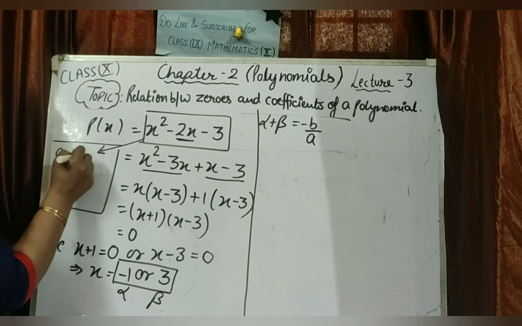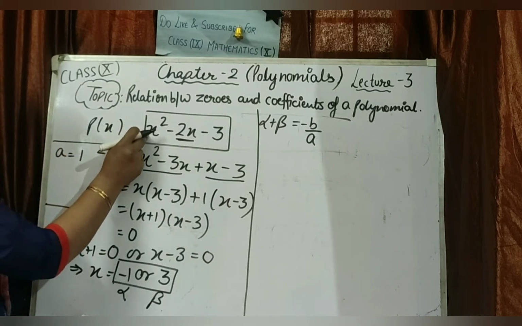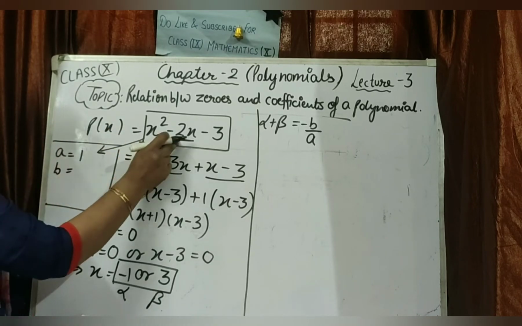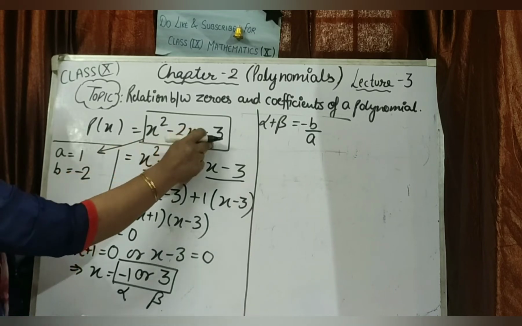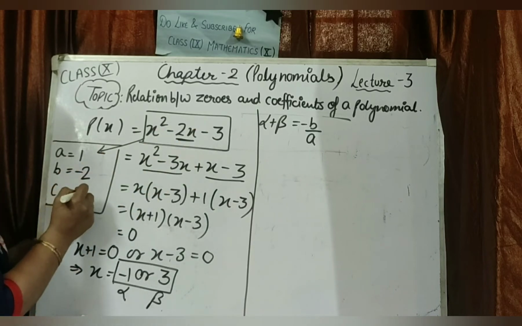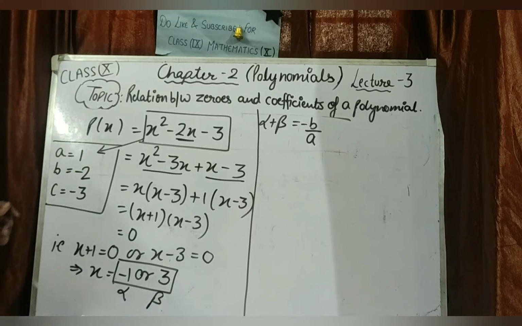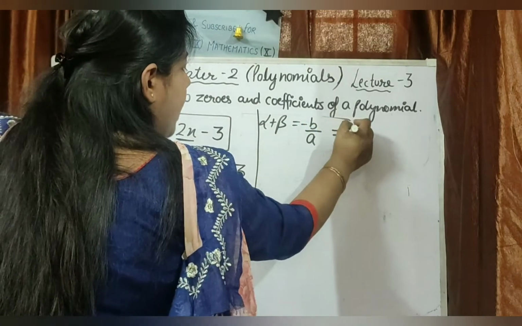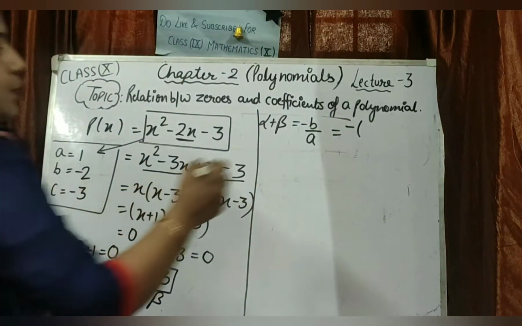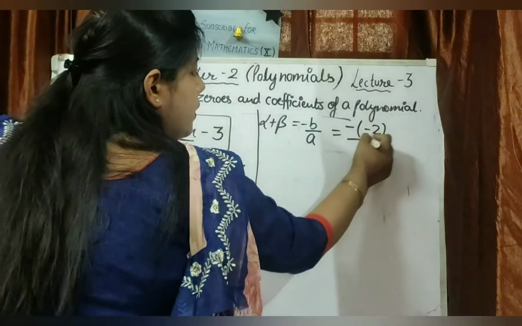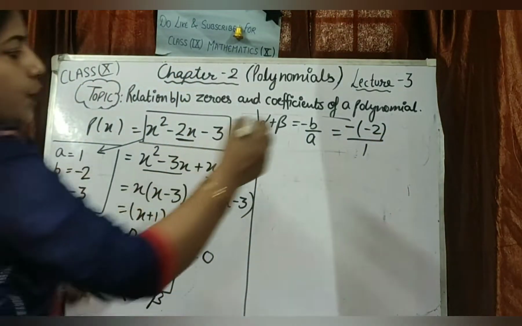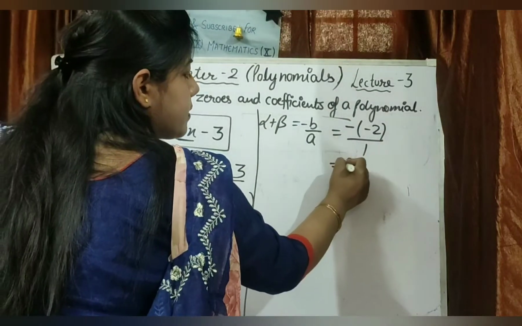A is 1, the coefficient of x square. B is the coefficient of x, that is minus 2, and C is the constant term, that is minus 3. Now put the values there. So here minus, what is B? It is minus 2. Minus 2 upon A. What is A? 1. So when I solve this, I'll get 2.